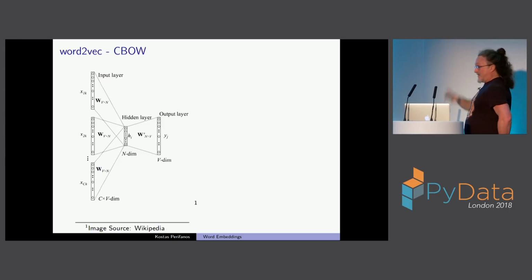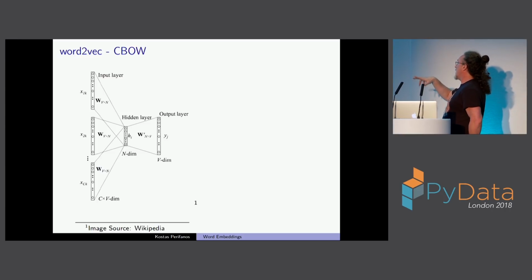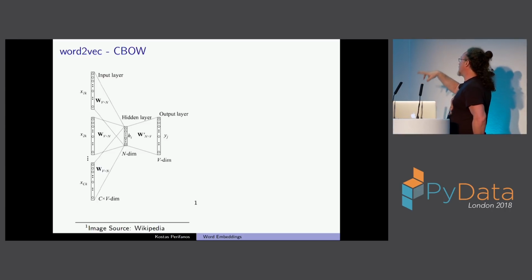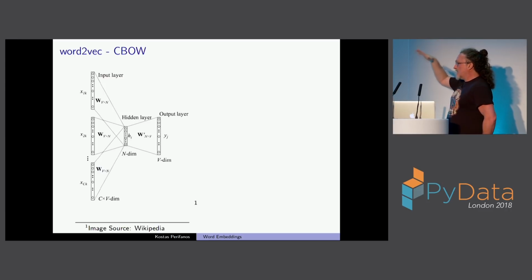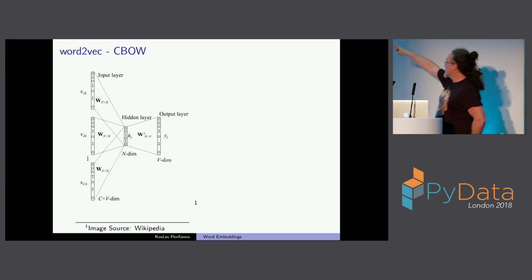Like I said, word2vec comes in two architectures. CBOW is essentially continuous bag of words. In that context, the neural net tries to predict the next word given the context.